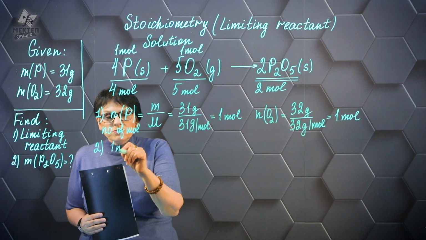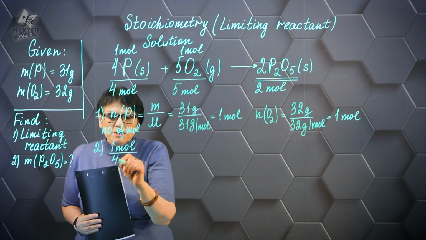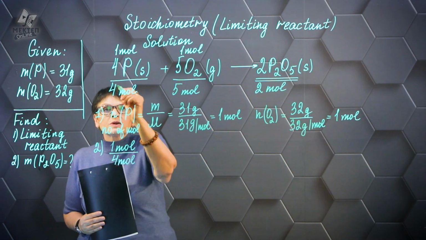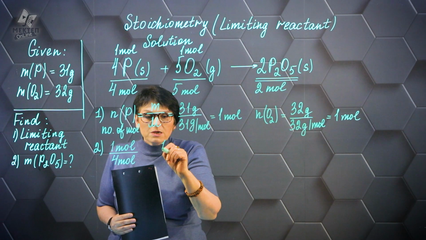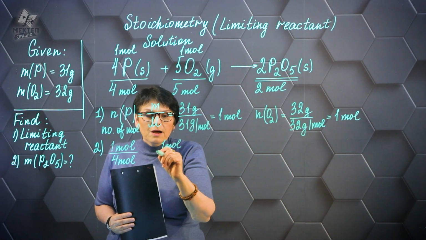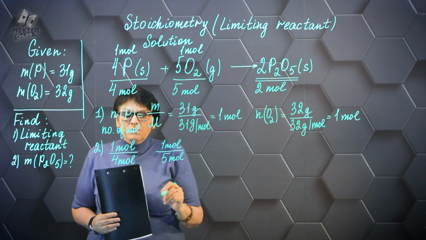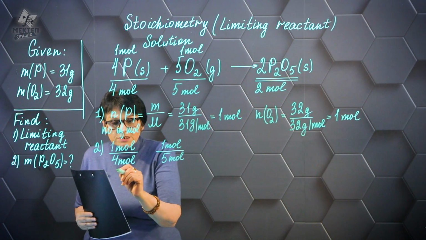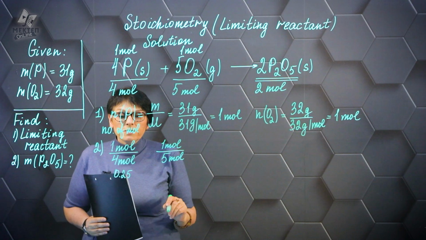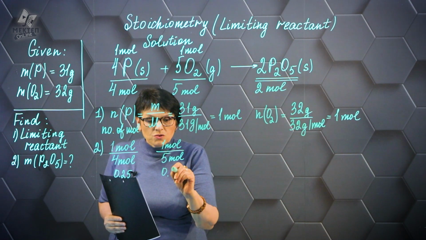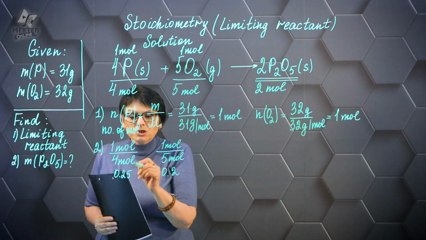We'll do the following calculation, done in the most rational way. It'll be 1 mole for phosphorus divided by 4 moles for phosphorus, notice I'm taking into account the ratio. And for oxygen, it's 1 mole over 5 moles. If we do the math, the first number we have is 0.25. That's the so-called mole factor. And here we have 0.2, and as we understand, 0.2 is less than 0.25.